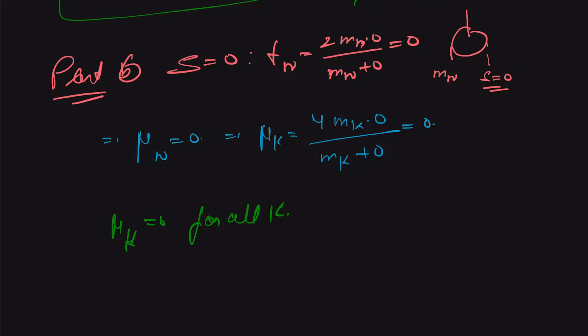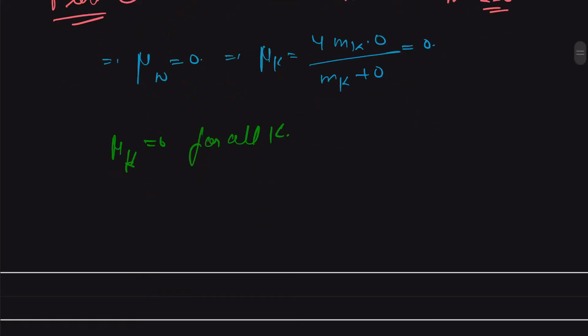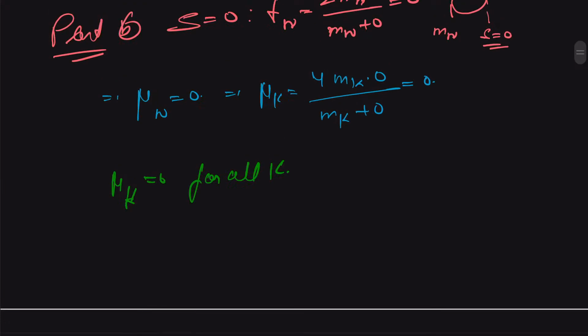Therefore, we can say that the acceleration, that is a of k, will be equal to m of k minus 0 divided by m of k plus 0 times g, which is equal to g. Sorry, not 0 but g.